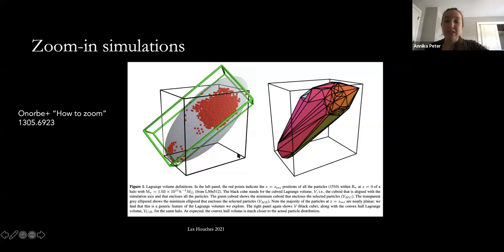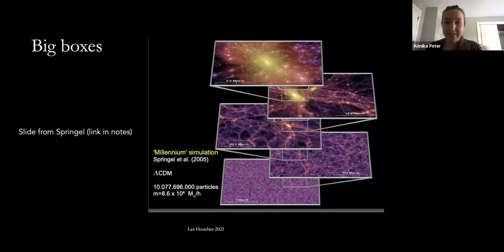And what a zoom simulation means is that you have a much higher resolution in that patch of this box than you do in the rest of the box. And so you really focus all your resolution elements in the place where you really want to understand the system. In this case, this galaxy cluster.